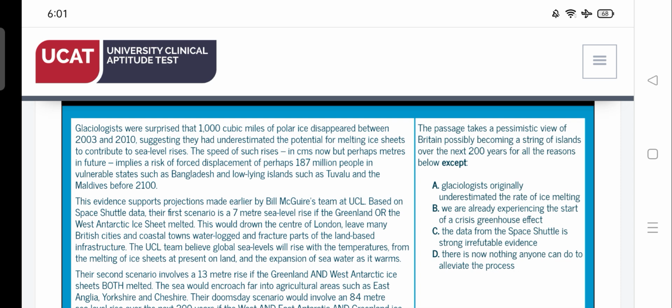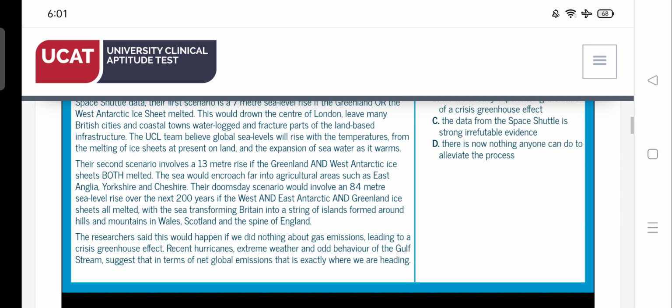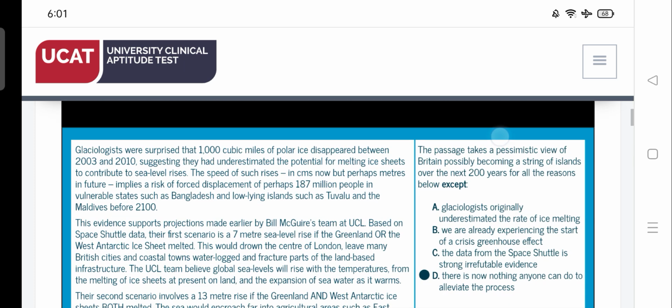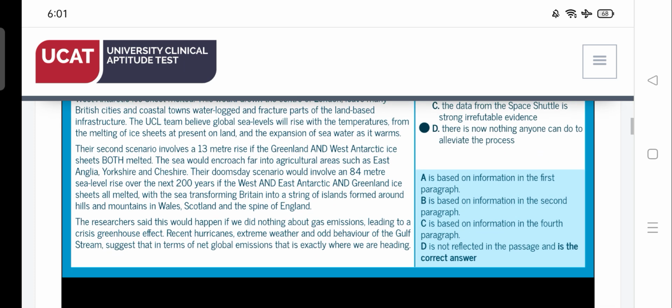Three of them are correct, but not the one which is incorrect. So you have to choose that one option which is incorrect because they say except. So they say D is not reflected in the passage. That is why this is the correct option.